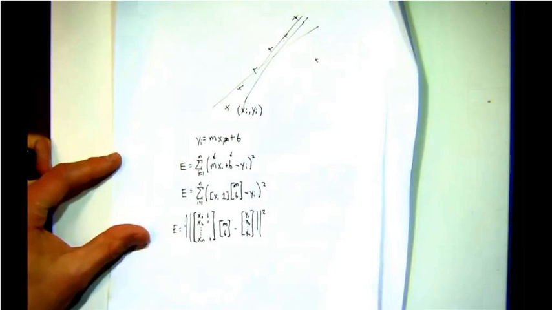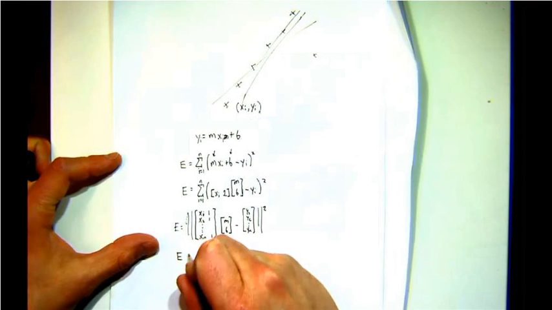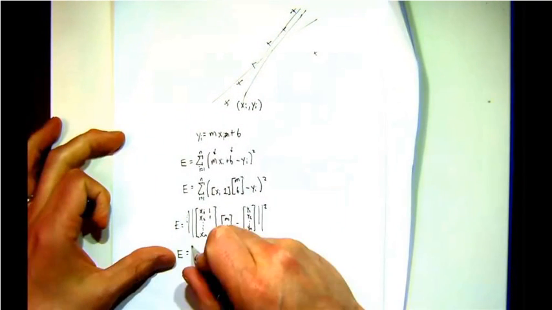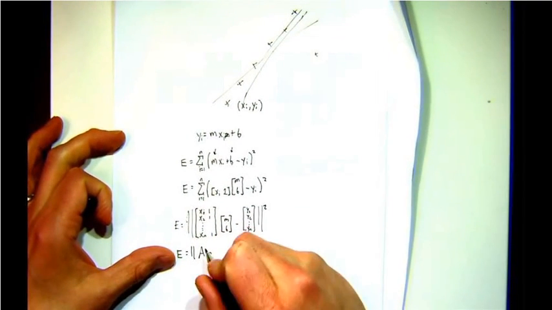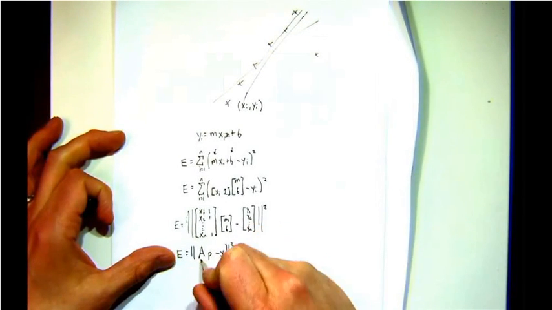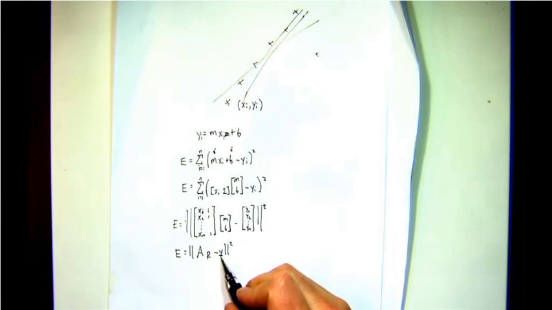I can just rewrite this as my error, minimizing the norm of AP minus Y, where A is now the coefficient matrix, and often you'll find that things get into this form. Y is a vector of knowns. It's the thing that I'm trying to predict, and P are my variables.